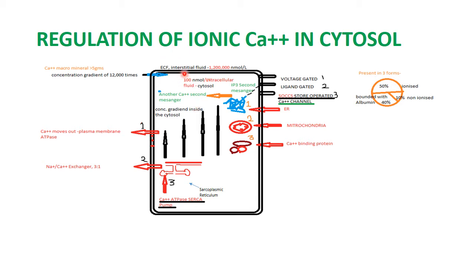So the movement of calcium, the gradient, is inward, and the electrical current moves inward very easily. There are 3 channels: number 1 is the voltage-gated channel, second is ligand-gated, and third is SOCCs, store-operated calcium channels.